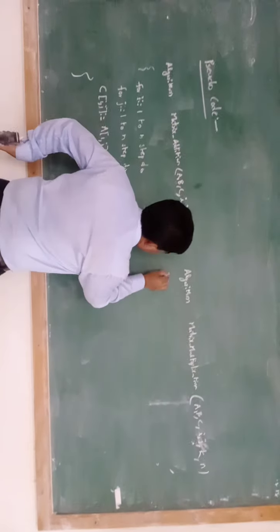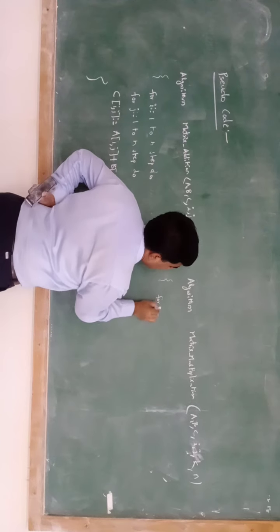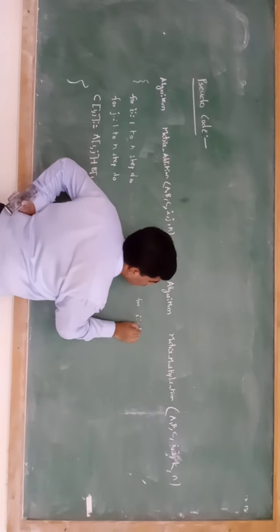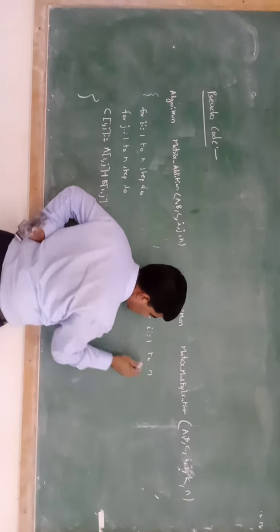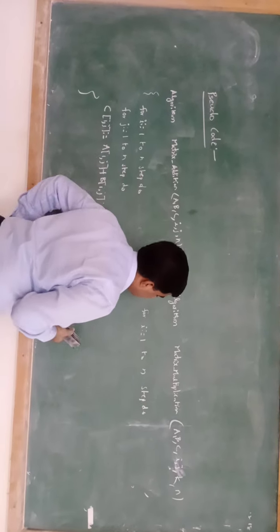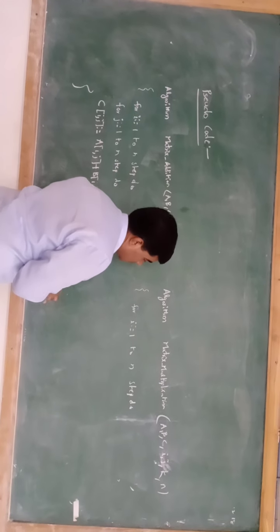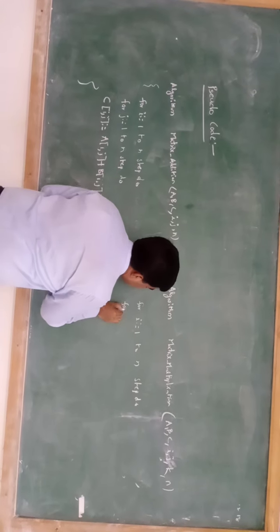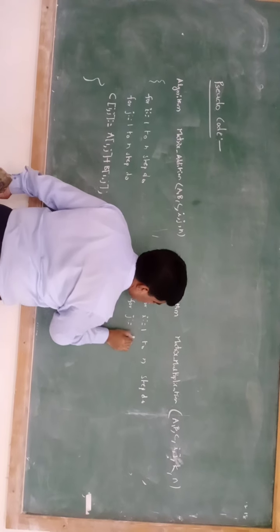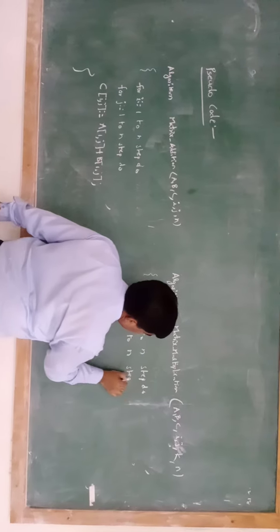So here first we have to represent the rows. How are we representing rows? For I := 1 to n, step 2, and for j = 1 to n, step 2.